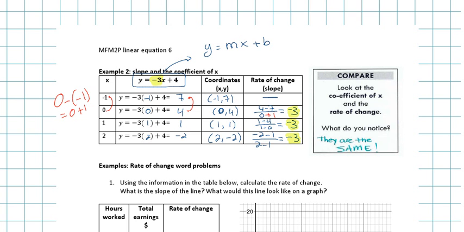This is the coefficient of x. At the same time, it's the slope. Right? So whenever you're finding the slope, if it doesn't match the coefficient of x, that means you have done something wrong. Go back and check your work.